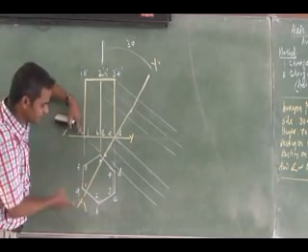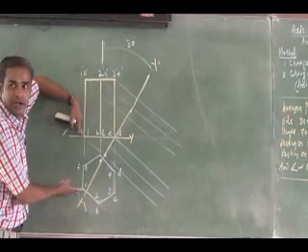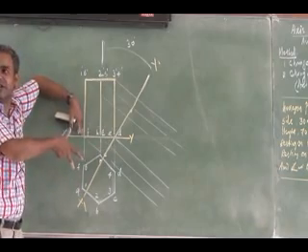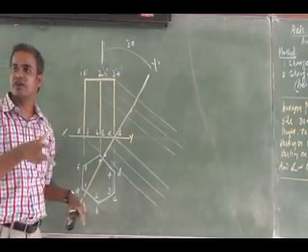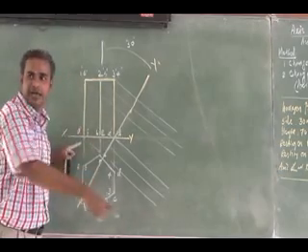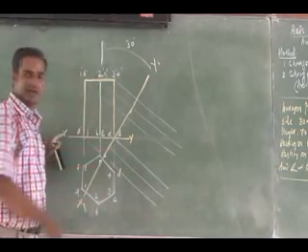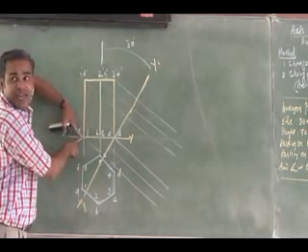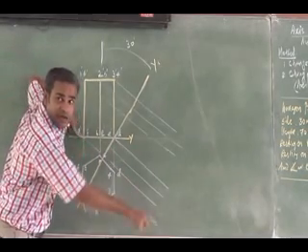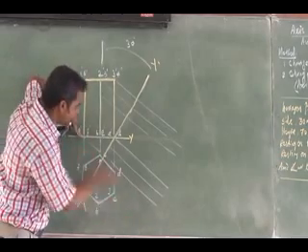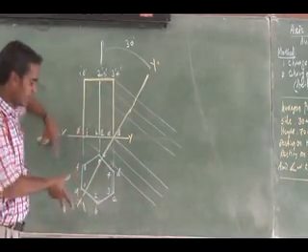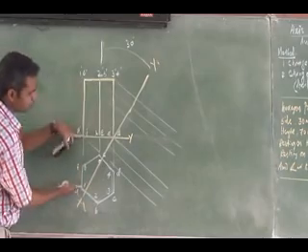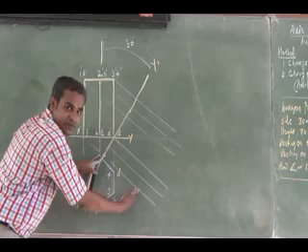Top view corners, what is the distance from the old reference line to 1? That I have to measure, and you have to transfer it on the corresponding projector line from the new reference line. So this is for A1. From A, what is the projector line I have drawn? Along that, this distance has to be transferred from the new reference line.